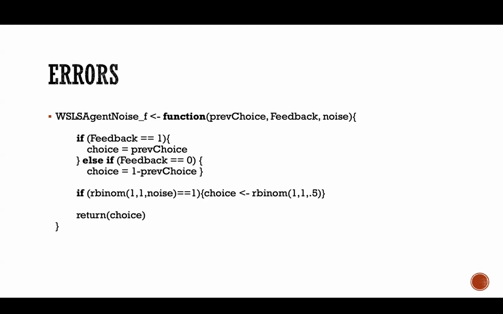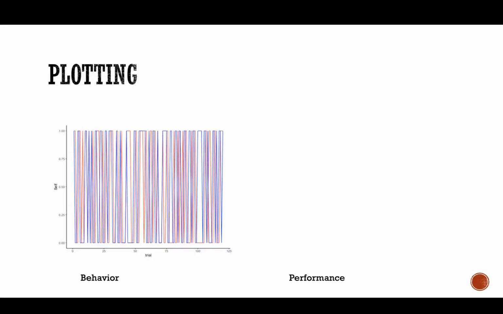But we add a random sampling from a binomial distribution with a rate equal to the level of noise. If we sample a 1, we pick at random.